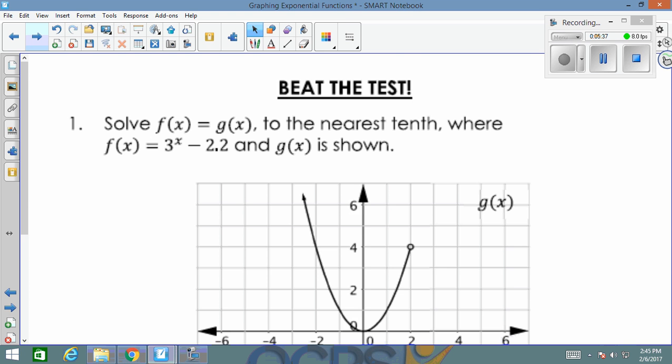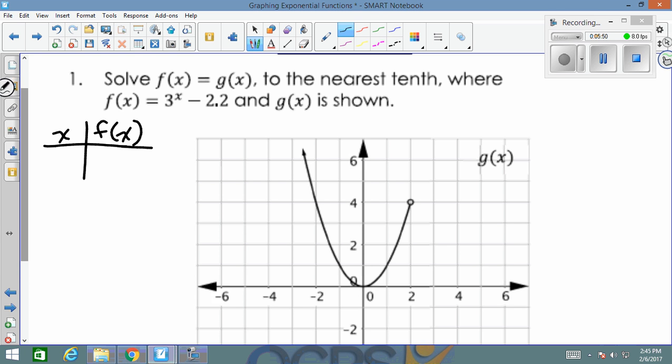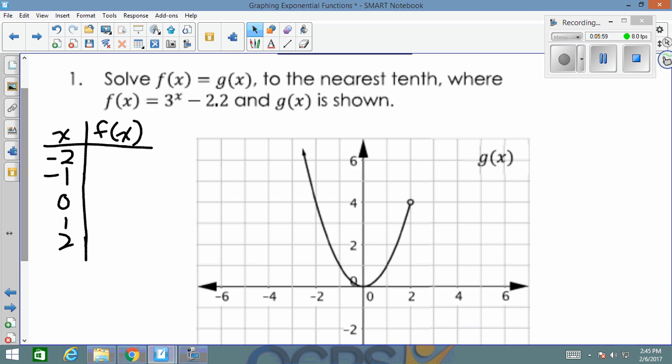All right, lastly, it says find g of x when f of x equals g of x. So find this f of x function. We're going to choose -2, -1, 0, 1, and 2 for x, and we're going to put it in. So 3 to the -2nd is 1/9. So we're going to do 1 divided by 9 minus 2.2.